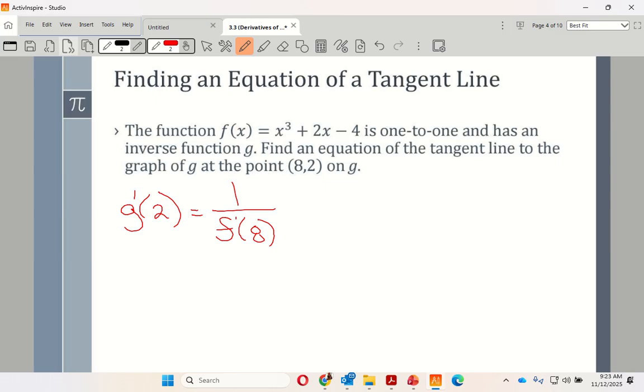And we're doing an equation of the tangent line. The point 8, 2 on g. Yep.